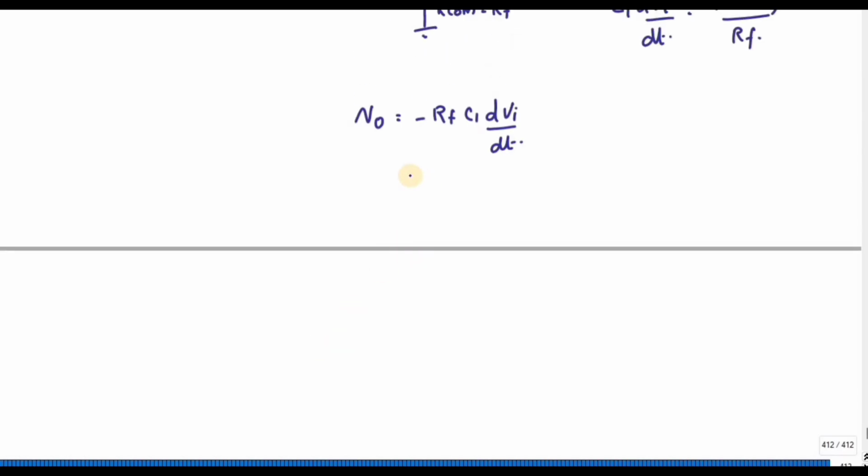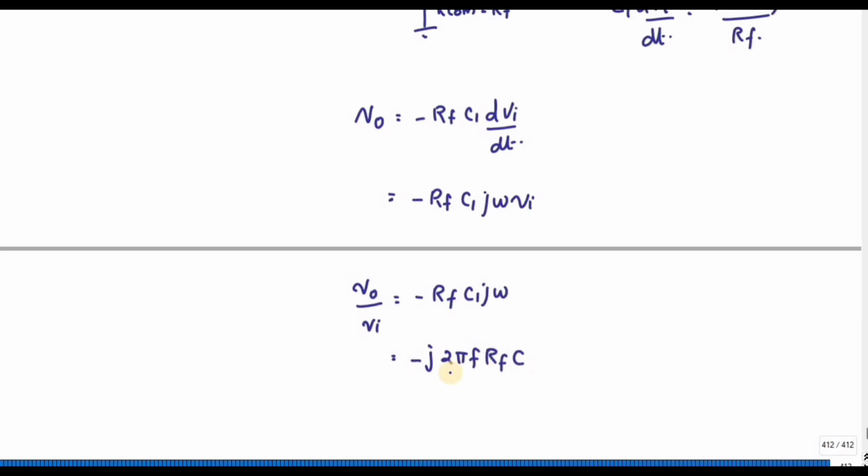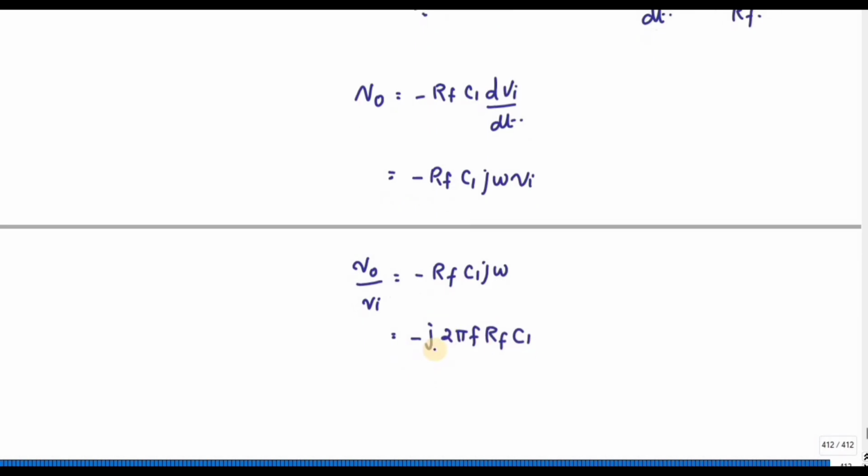So if I write it in terms of j omega, this is minus RF C1 j omega Vi. So V naught by Vi is equal to minus RF C1 j omega. I can write this as minus j 2 pi f RF C1.